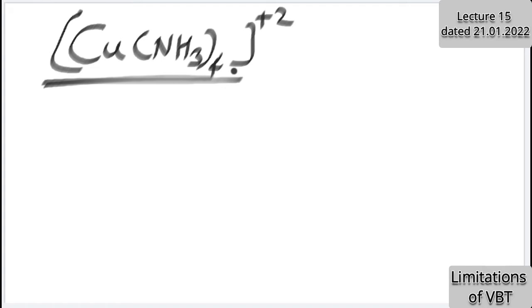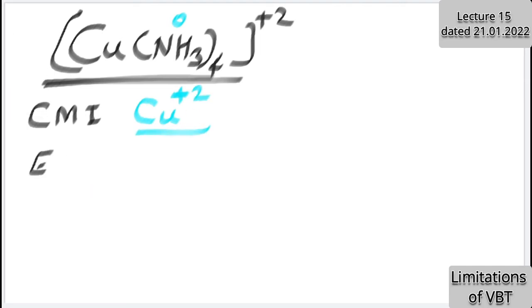Now when we apply valence bond theory, what happens? As per valence bond theory, the first point is the central metal ion. Ammonia carries no charge, it is a neutral ligand. Which central metal ion? Copper plus 2. The second point is the electronic configuration.